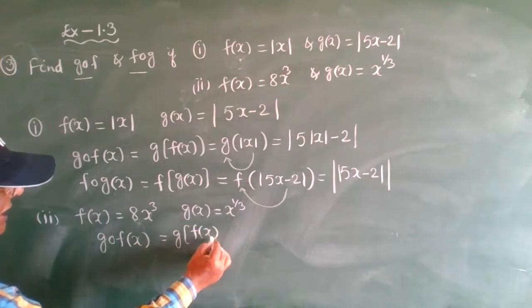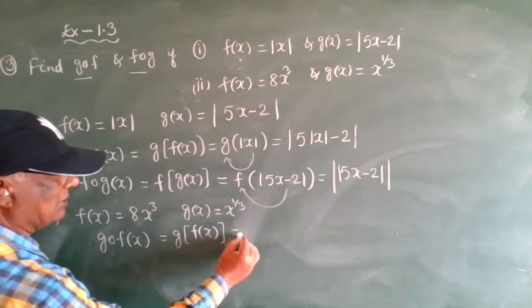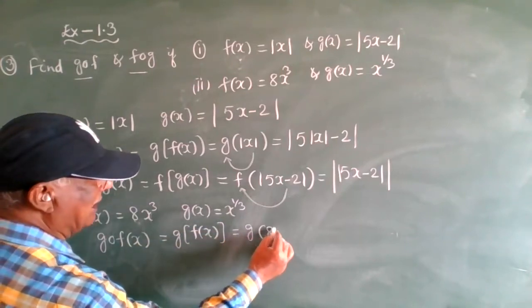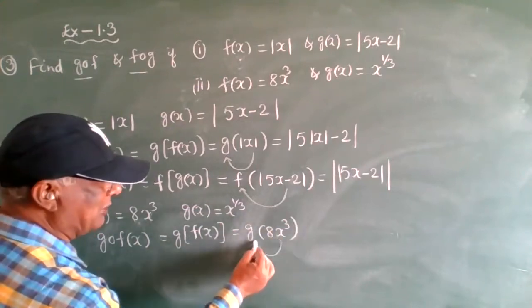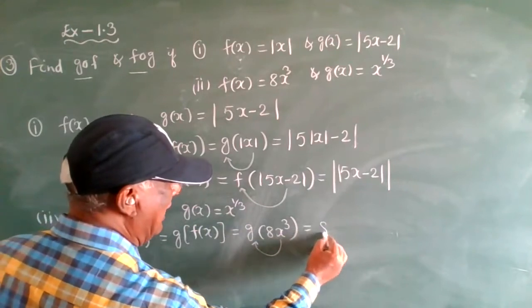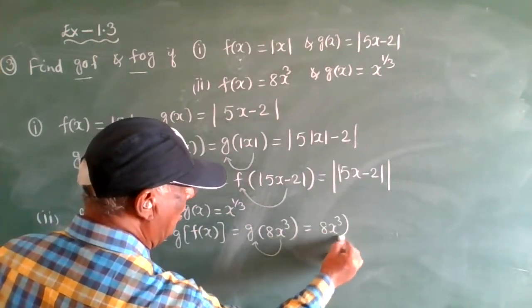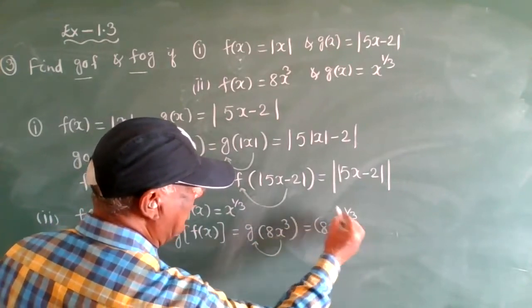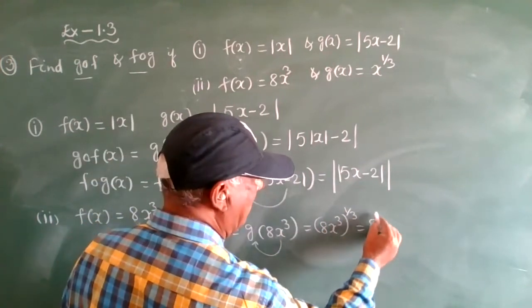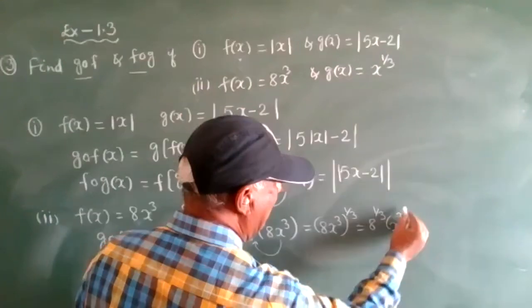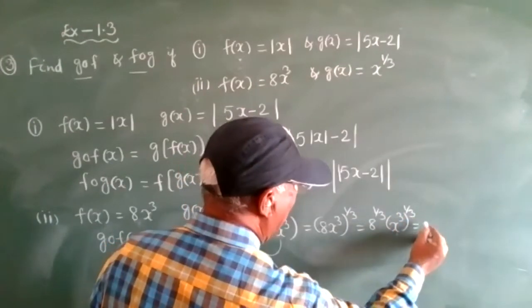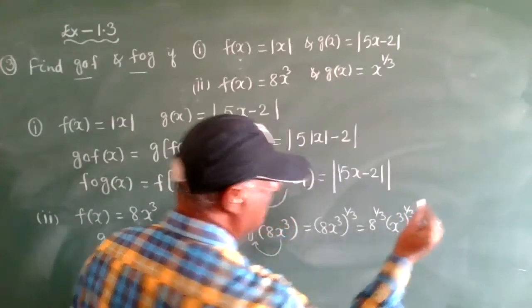What is the f of x value? f of x is 8x cubed. This 8x cubed we substitute in g. So 8x cubed whole power of 1 by 3, that is equal to 8 power of 1 by 3 times x cubed power of 1 by 3. Therefore, 2x is the value.